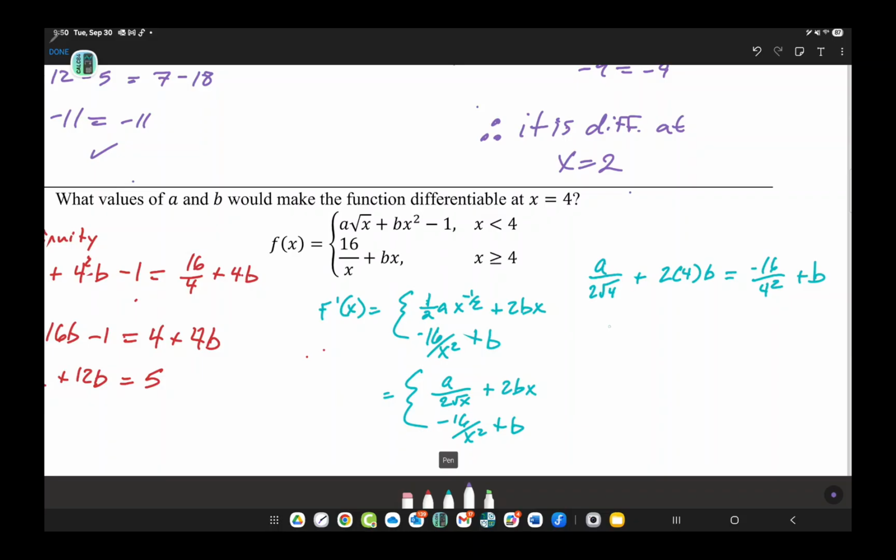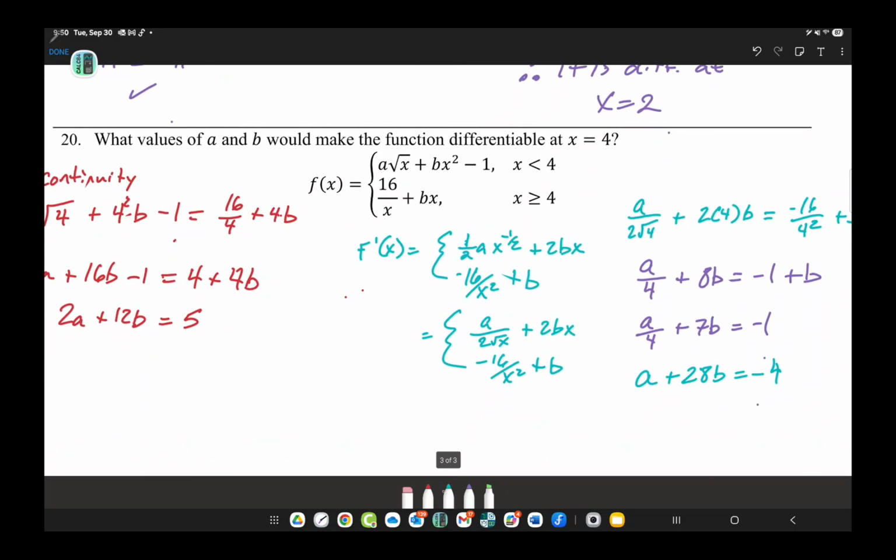So that is a over 4 plus 8b equals negative 1 plus b. And to make this easier, we can just multiply everything by 4. Well, guess what we have now? System of equations.